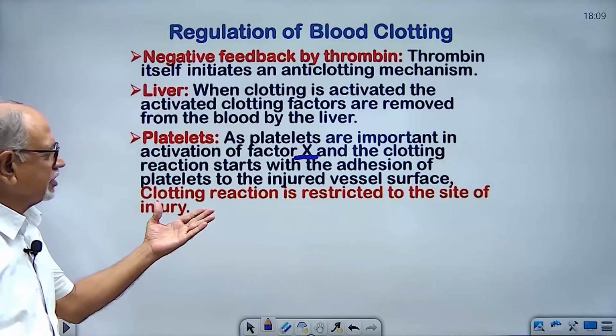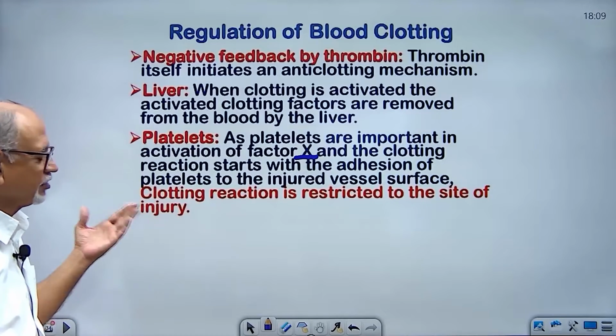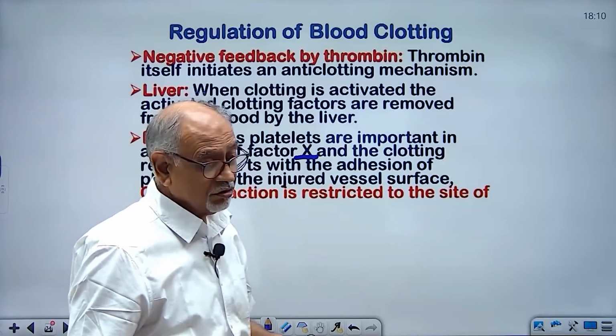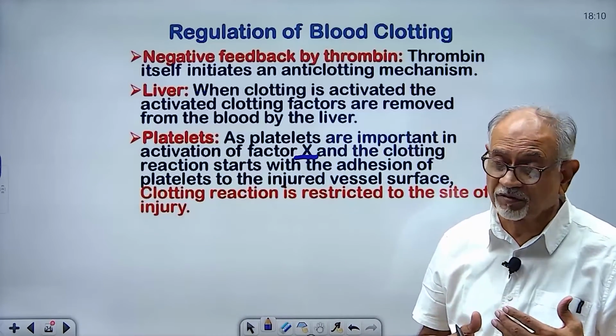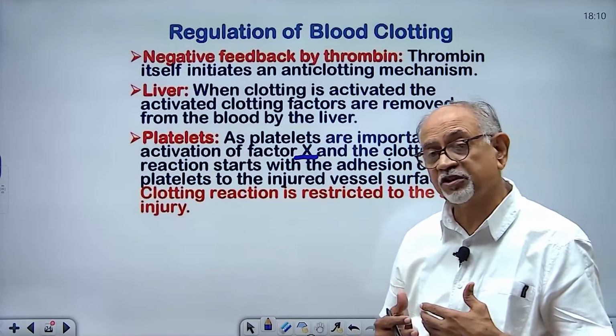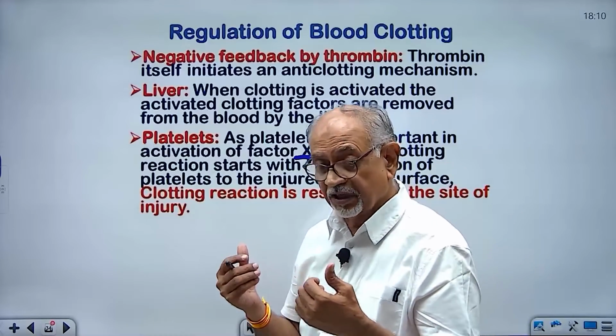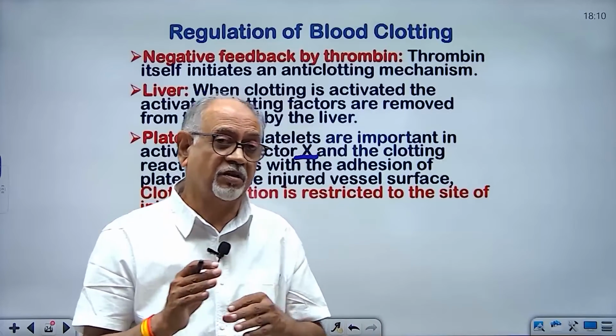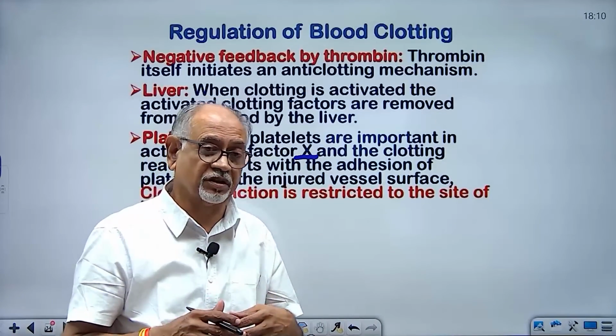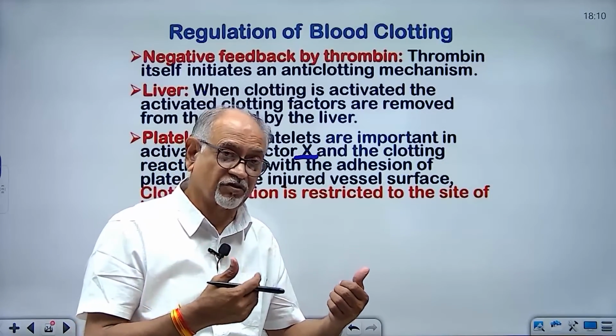Clotting reaction is restricted to the site of injury. The platelets are found throughout the plasma, but when there is an injury, these platelets are restricted to only the site of injury, thereby preventing clot formation in the blood vascular system.